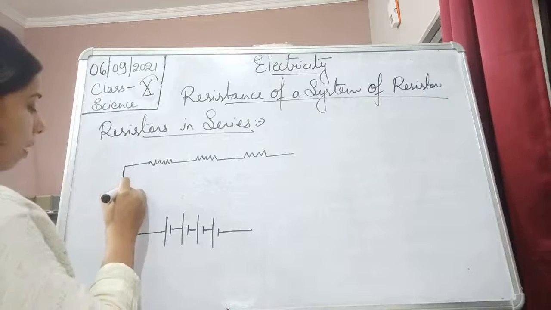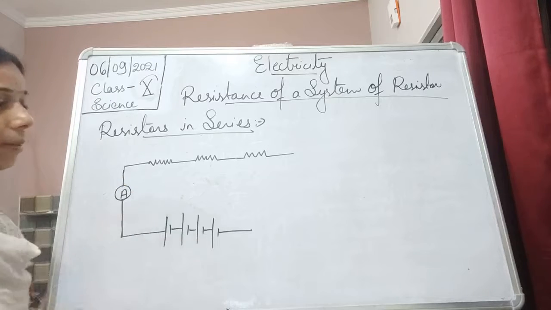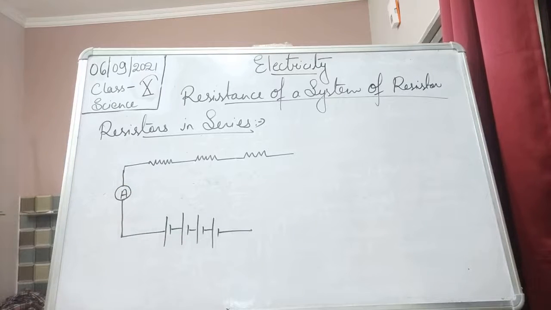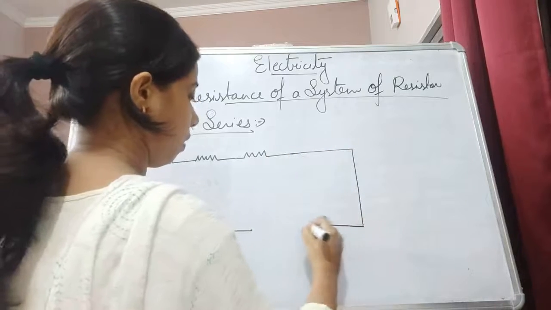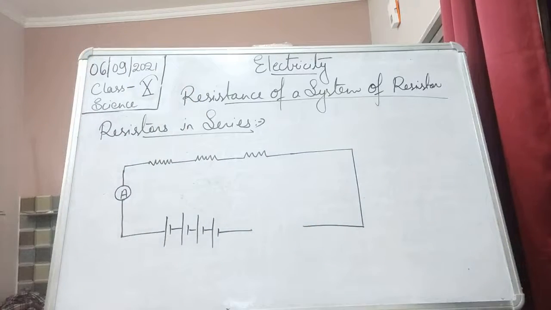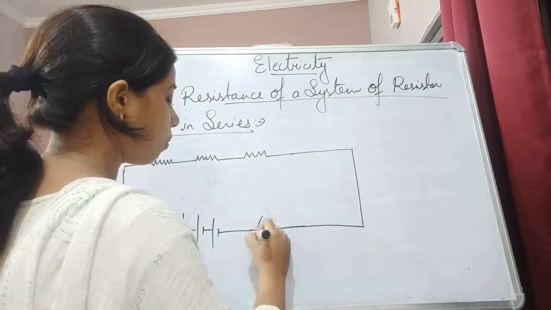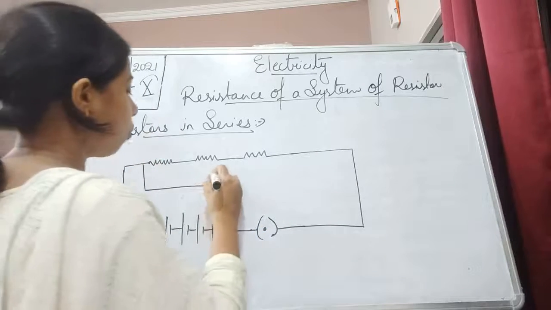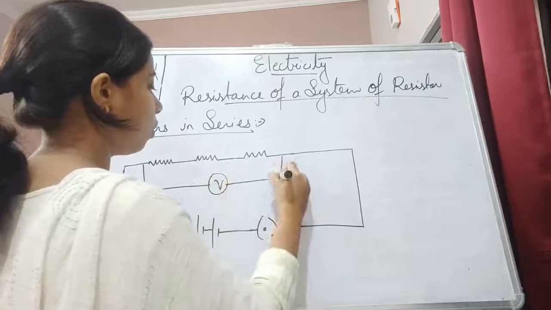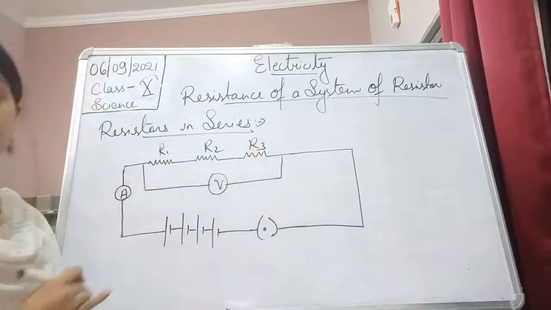Here an ammeter is there, and a main resistor, a key is also there along with it, and this whole will be connected to V. This is R1, this is R2, and this is R3.